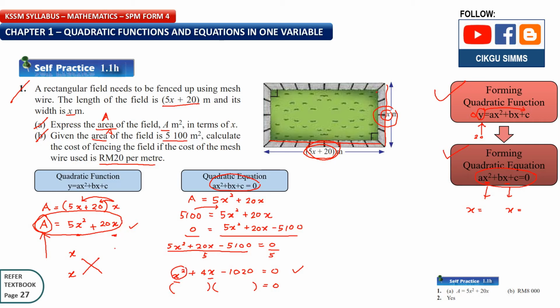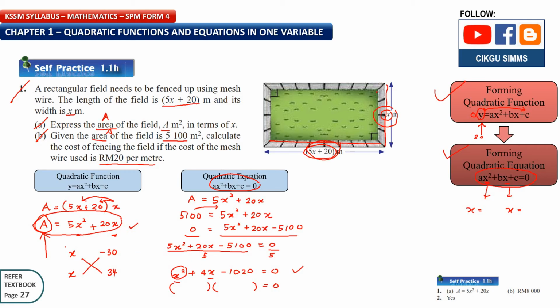And then for this one, because I want to get 4, I try 30 and 34, and I put a minus here. So negative 30 times 34, you get negative 1,020. And then 34 minus 30, you get plus 4.